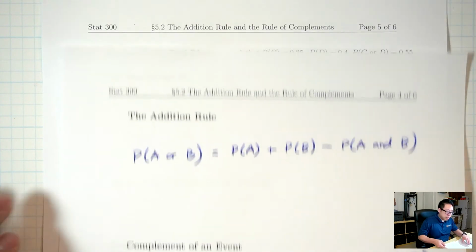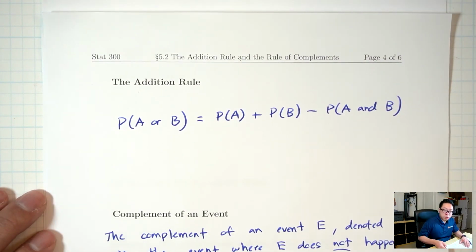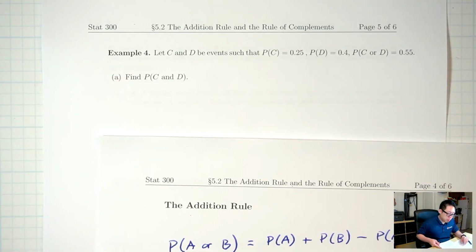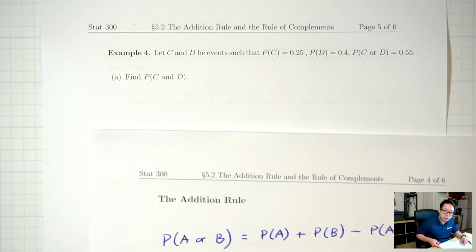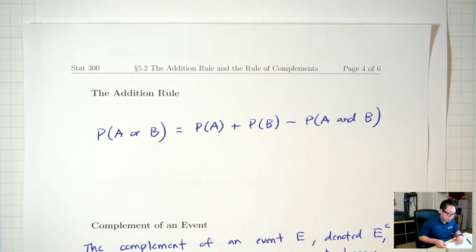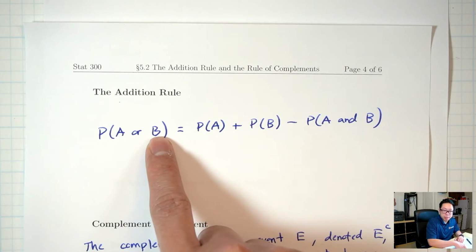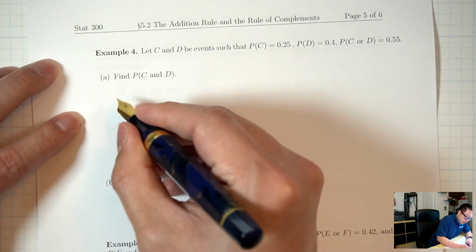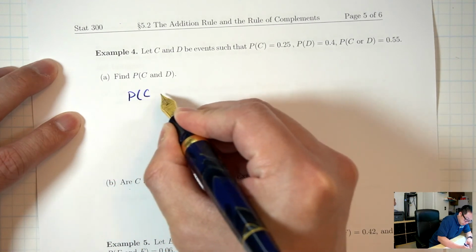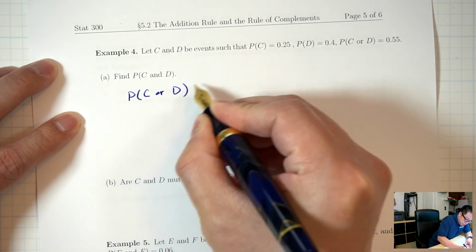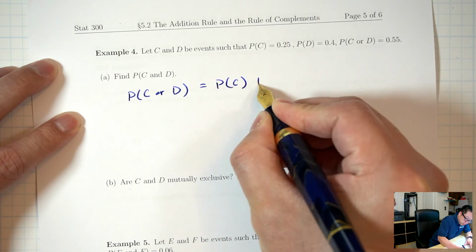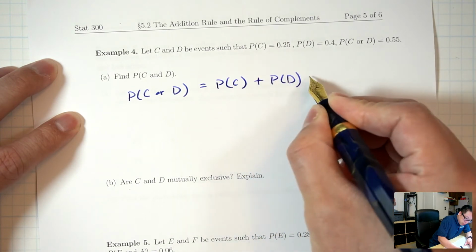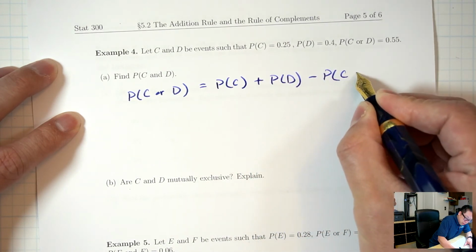I'm going to rewrite the addition rule using the letters of the problem, replacing A with C and B with D. So this will be P of C or D equals P of C plus P of D minus P of C and D.